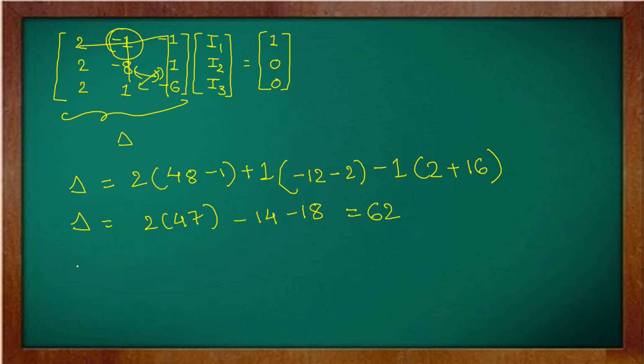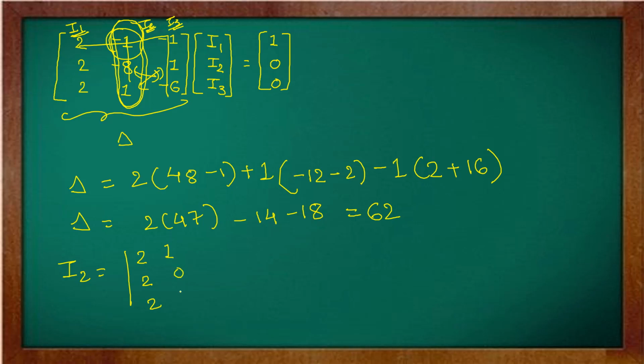Now, for I2, what can we write down? See, why have I chosen the second column? If you remember, the first column is for I1, second column is for I2, third column is for I3. So what will we do? We will replace this second column with 1, 0, 0 and write down again 2, 2, 2.